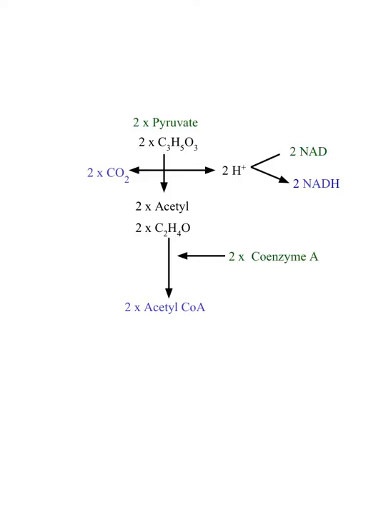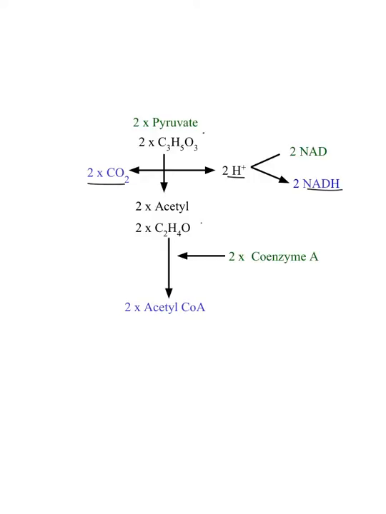So here's that flow chart, a whole lot neater than it was. Again, that which is in green is going to be the reactants and the products in blue. So we start out with our 2 pyruvates. We're going to strip off our CO2 and hydrogens. Hydrogens get picked up by NADs, and we're left with an acetyl group.